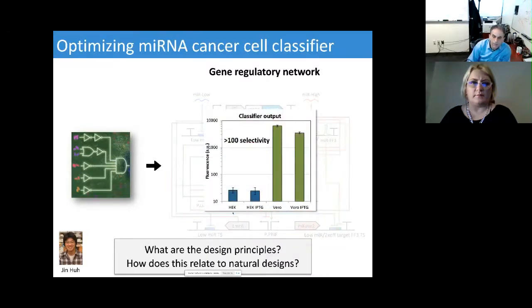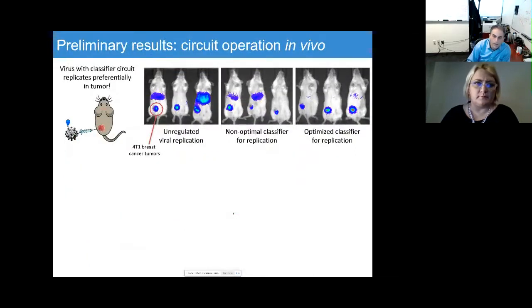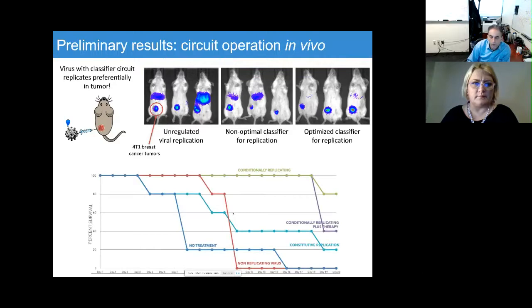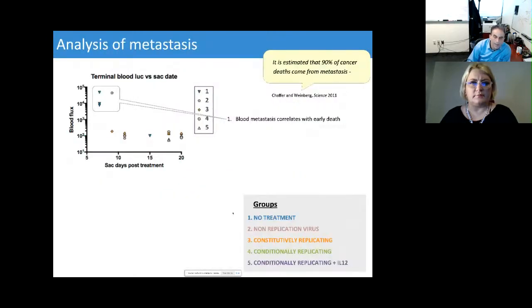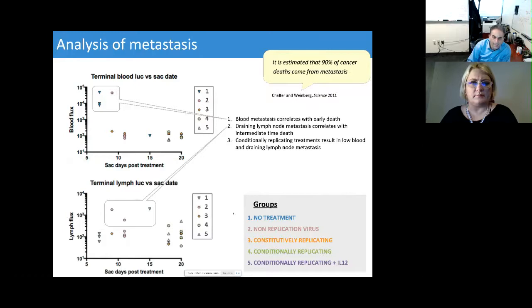And indeed, it has very good on-off behavior. And again, without going into the details, it's able to have a real effect on tumors so that the virus only replicates in the tumors, does not replicate in non-tumor cells, has a real effect on mouse survival, and has a real effect on metastasis.